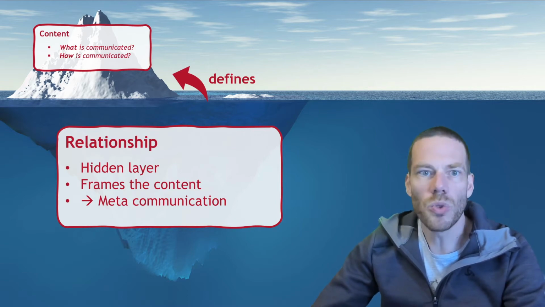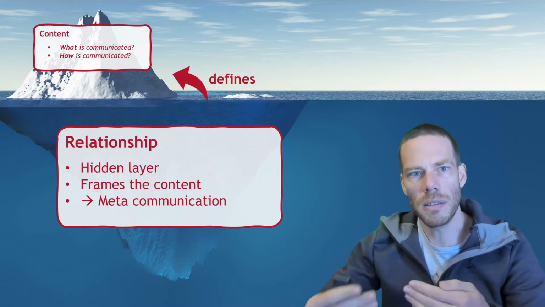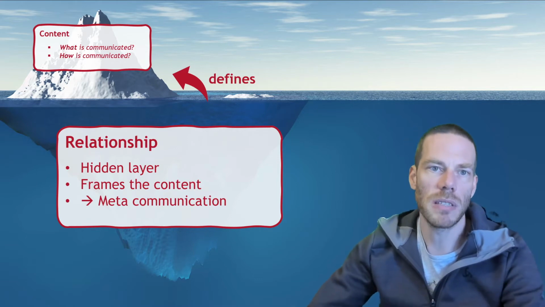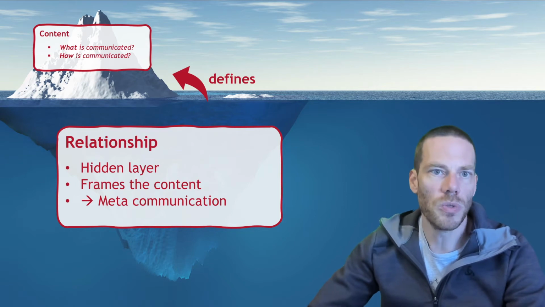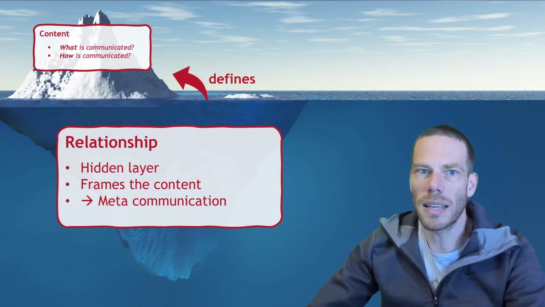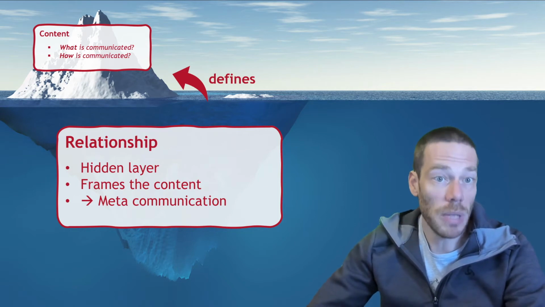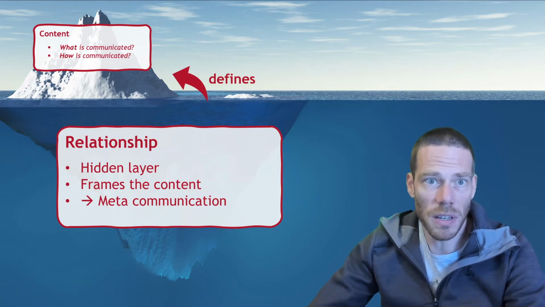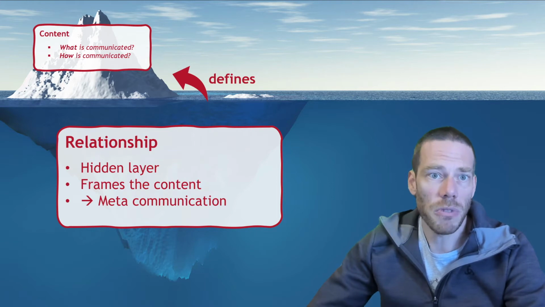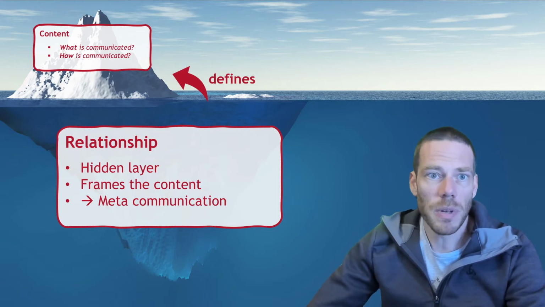Then also during the communication, the way that we interact, the way how we present ourselves, this also contributes to the relation. It can be a relation on the same level, like we would see it in a coaching session, but it also can be a relation with a hierarchy, for example, between a teacher and a student.